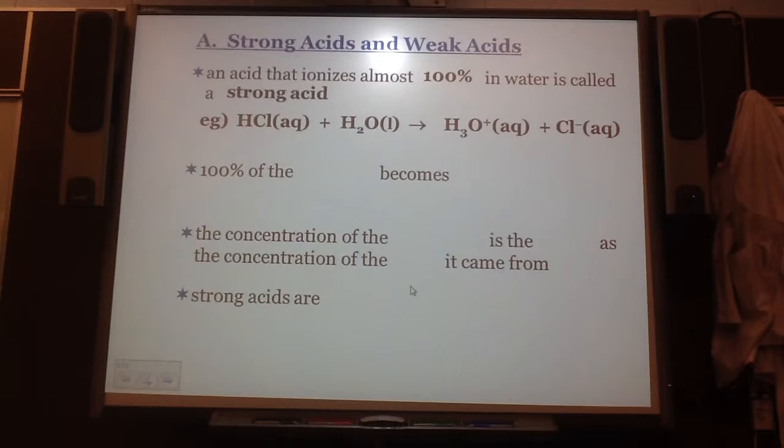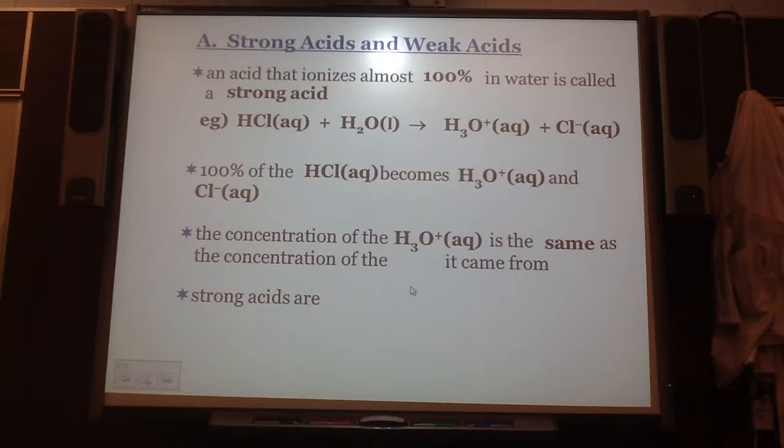This happens so strongly that almost 100% of all the HCl in that solution will do this. So 100% of the HCl aqueous becomes H3O+ and Cl-. The concentration of the H3O+ aqueous is the same as the concentration of the acid it came from.